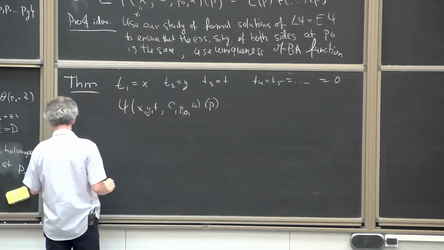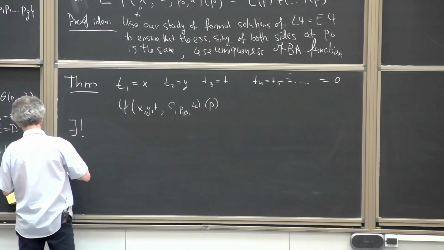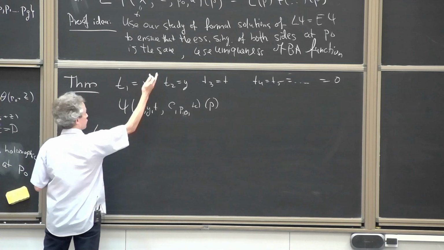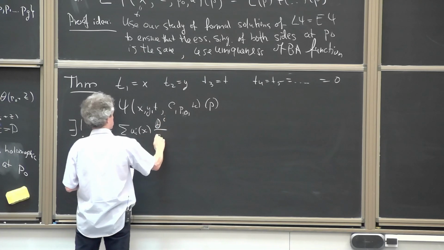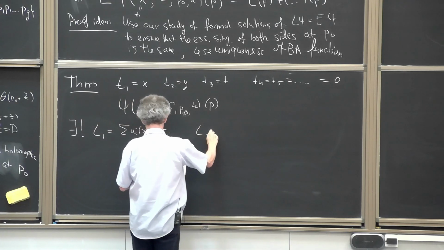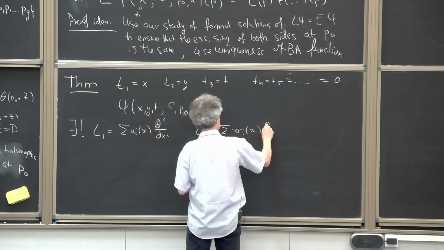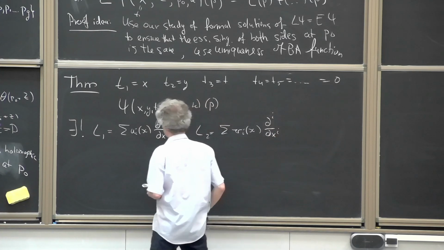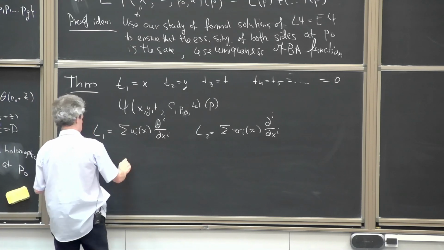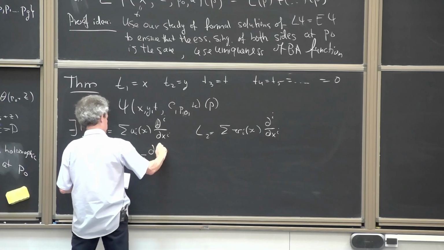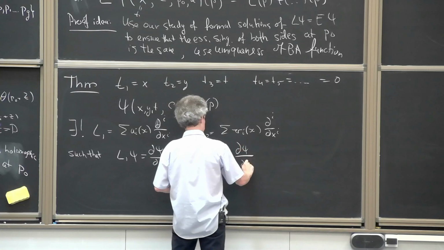So it says the following. There exists a unique differential operator L1 of the kind we like in x, and L2, such that L1 psi is the derivative of psi with respect to y, and L2 psi is the derivative of psi with respect to t.